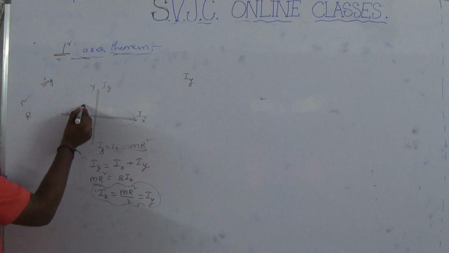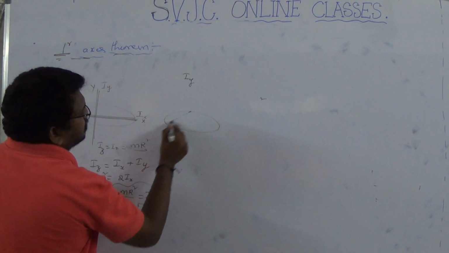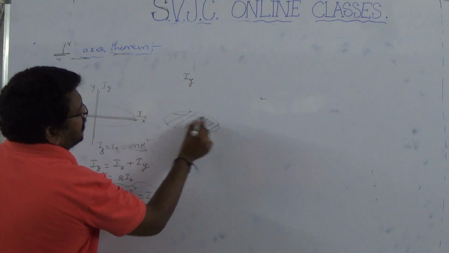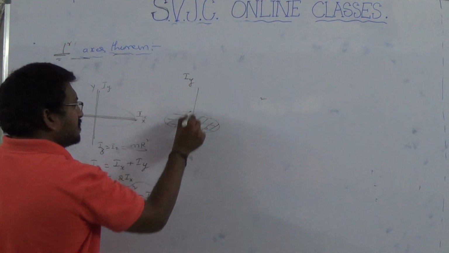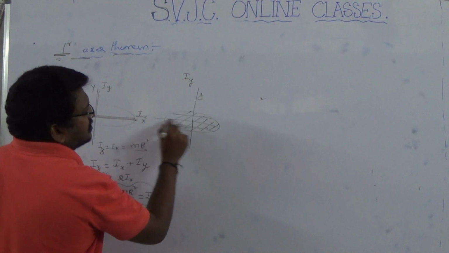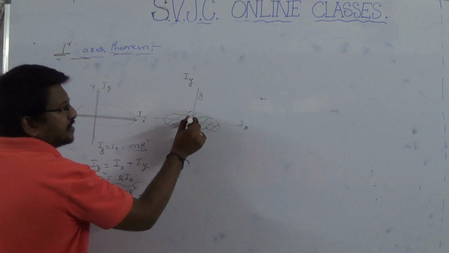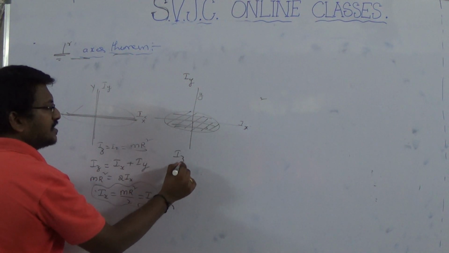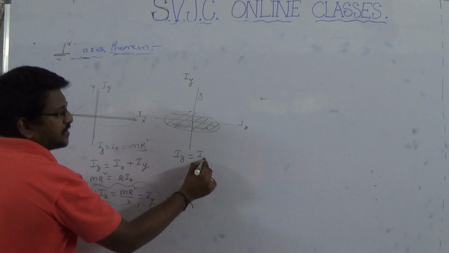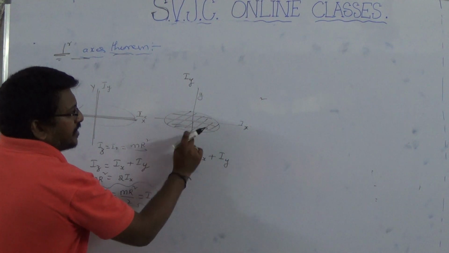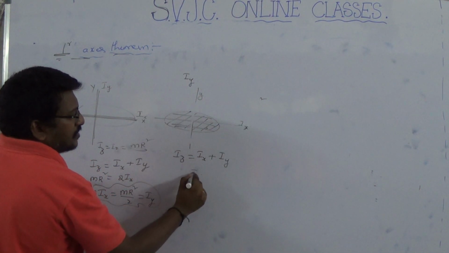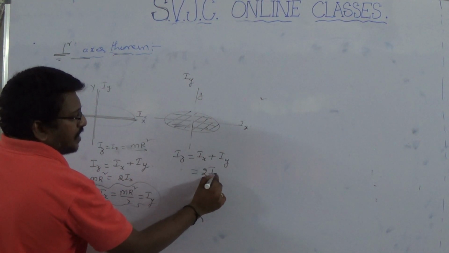For example, this is the disc. In case of the disc, the moment of inertia, same concept. This is the x-axis, y-axis, and this is the z-axis. Iz is equal to Ix plus Iy. Here Ix, Iy both are equal. That's why I can write 2Ix.